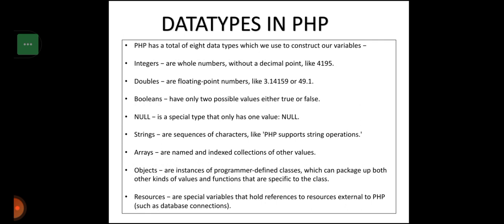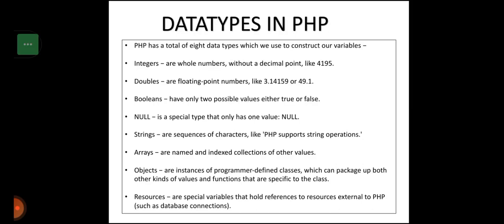Then data types in PHP. We have several data types, that is, eight data types which we use to construct our variables. First one is integer. Integers are all numbers without a decimal point, like we can give 4195.